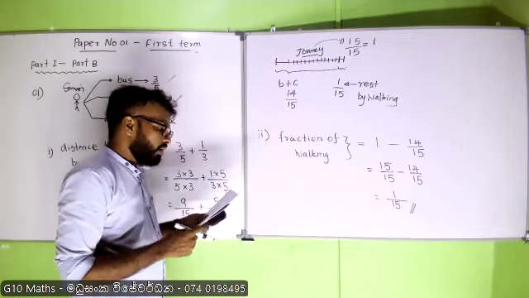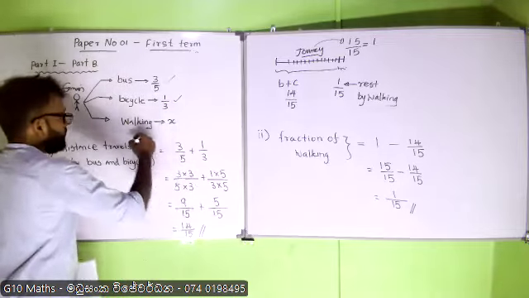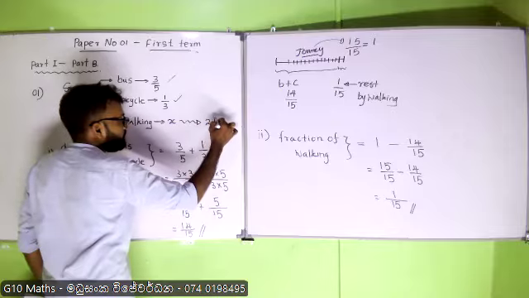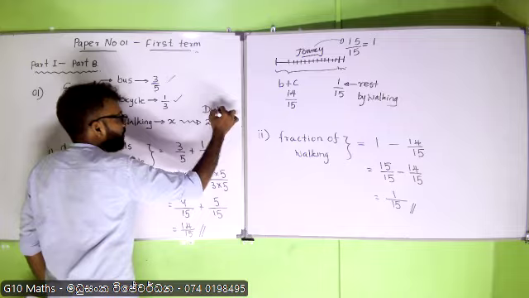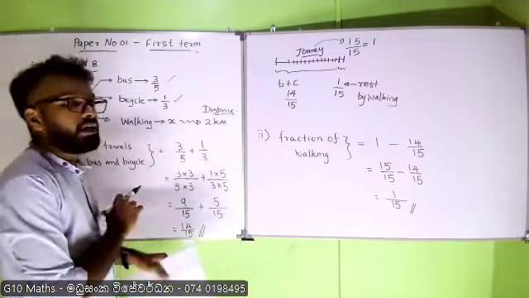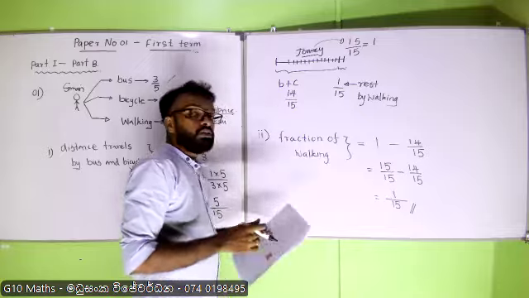The distance he walked is 2 kilometers. I didn't tell you that before. This is very similar to the previous tank question that we have done. What is the total distance?